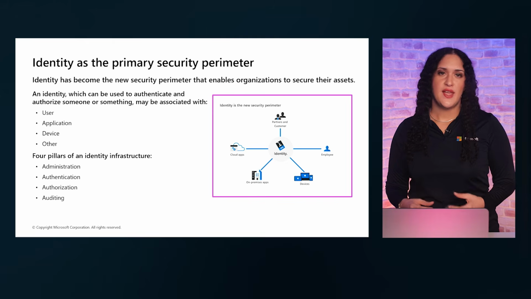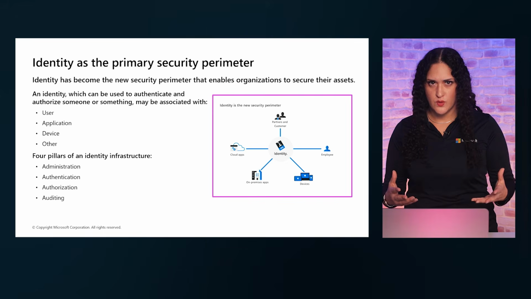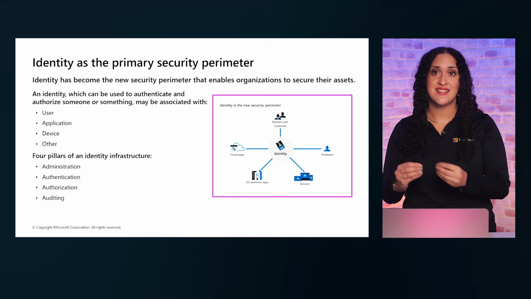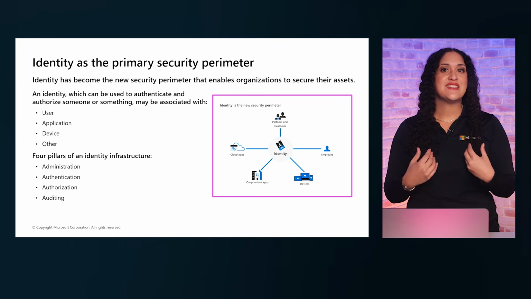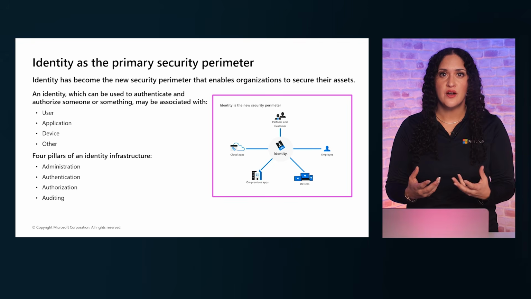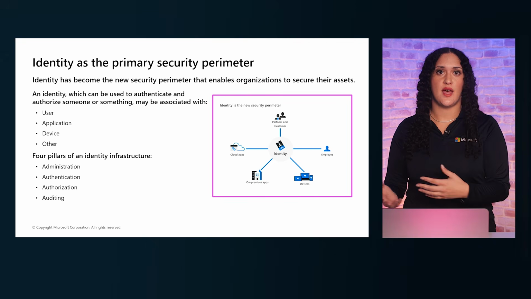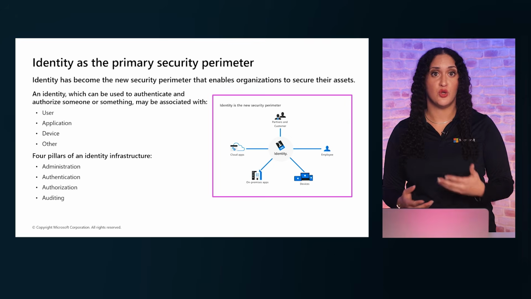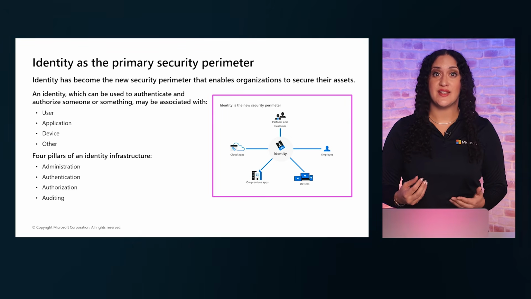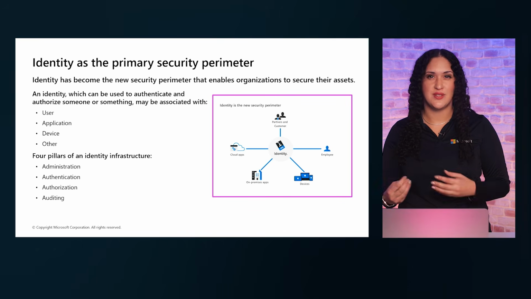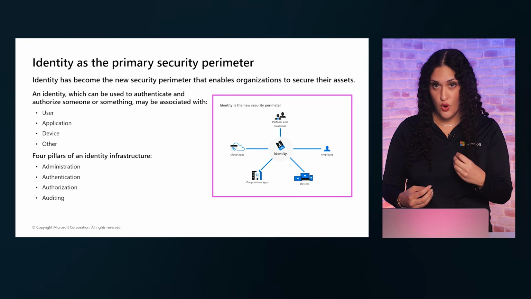For example, IT creates and manages user accounts, assigns roles, and sets access policies when a new employee joins the company. When the employee signs in, they prove who they are using secure sign-in methods such as a password and even multi-factor authentication. Now, after that process, the employee is granted access only to the applications and data required for their job role.